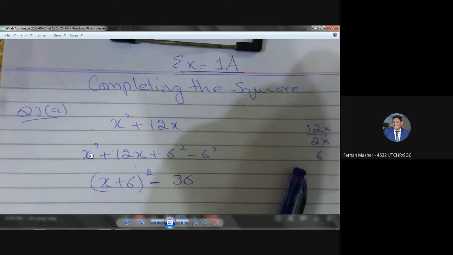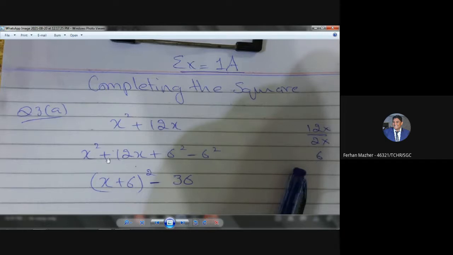So here I have done that: x square plus 12x plus 6 square minus 6 square. When I divided 12x by 2x, I got 6. I will take the square of this 6 and I will add it and also subtract it.